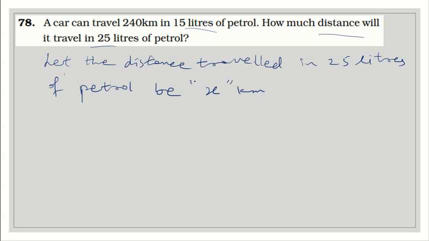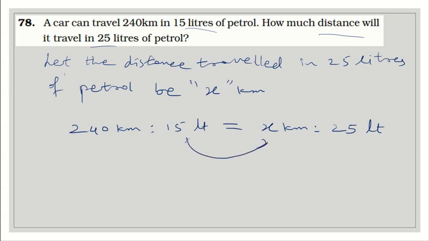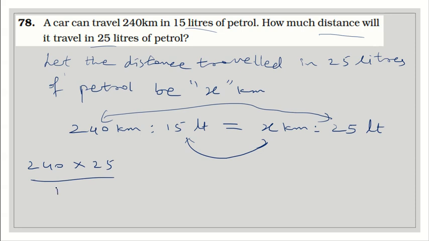kilometers. Now 240 kilometers in 15 liters, x kilometers in 25 liters. So it's a proportion type, product of means equals product of extremes. So 240 into 25 upon 15 will give the value of x.